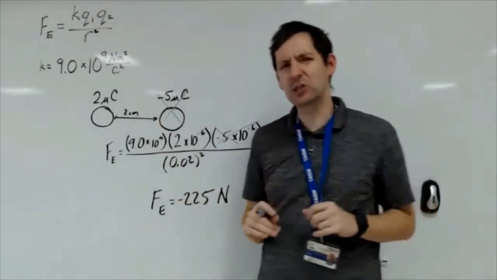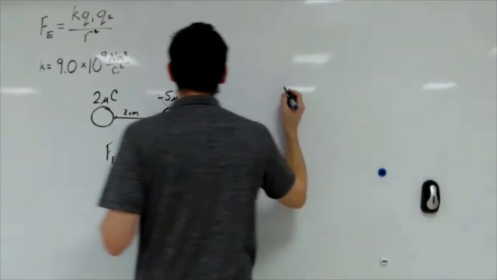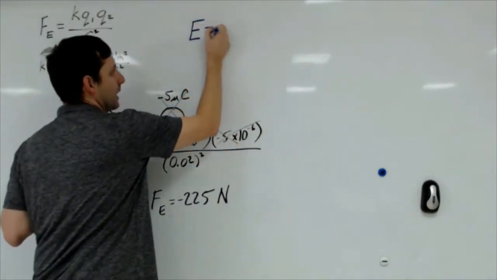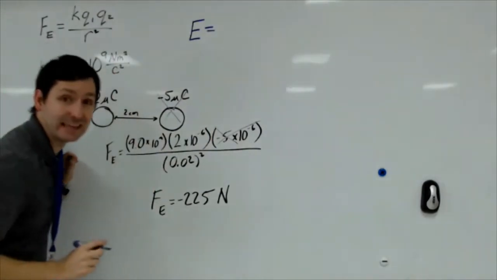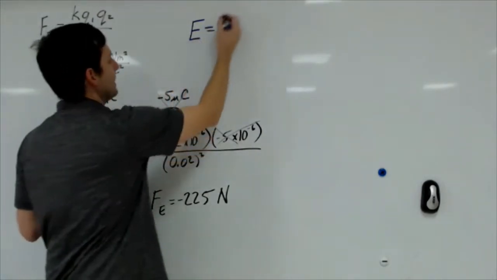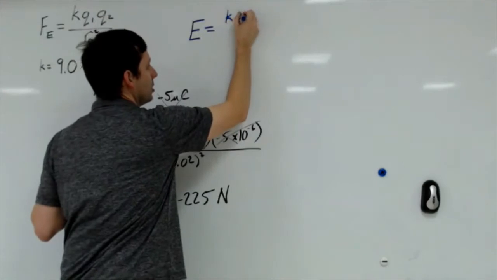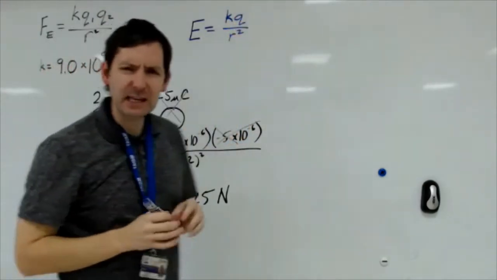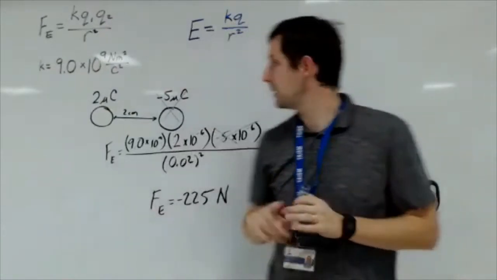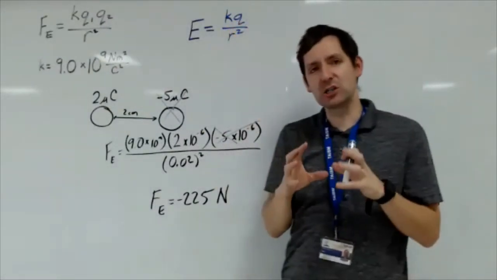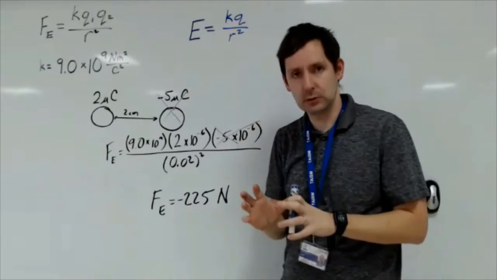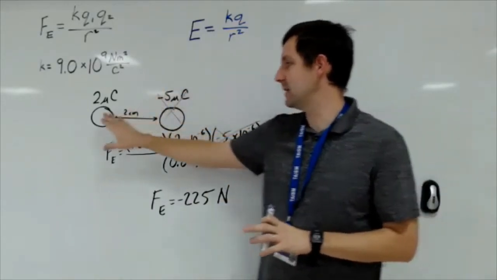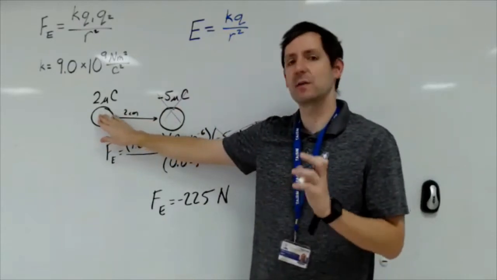So very similar to your gravitational field, we're going to create an equation for electrical field, usually shown by a capital E. The electrical field is kQ over r squared. And notice that Q here is the charge that's creating the field. The other charge isn't important. This just gives you the strength of the field.